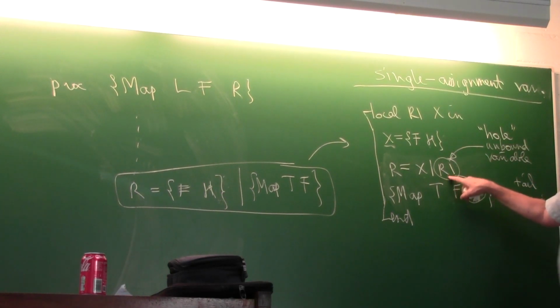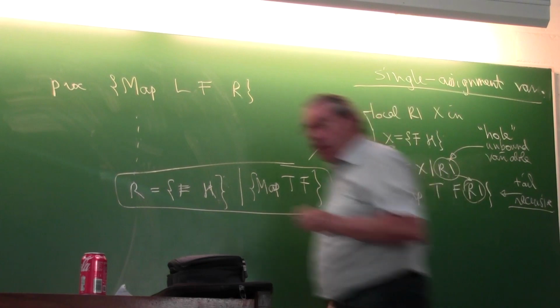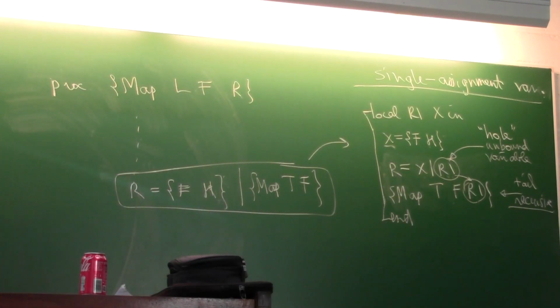So this unbound variable, it's kind of like a hole, a trou, and you fill in the hole later. And it's still declarative because you can only fill the hole once. Once it's filled, it's filled. You cannot change it. So it's still declarative, okay? And this is very important. So it makes map tail recursive.